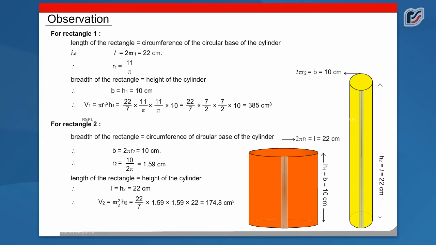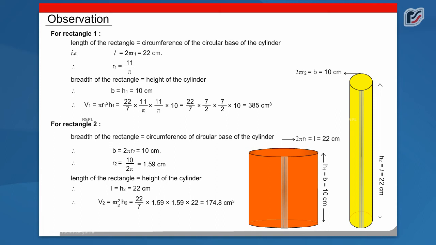Observation: for rectangle 1, length of the rectangle is equal to circumference of the circular base of the cylinder, that is, L is equal to 2 pi r1 equal to 22 cm. Therefore, r is equal to 11 by pi. Breadth of the rectangle is equal to height of the cylinder, that is, B is equal to h1 equal to 10 cm.